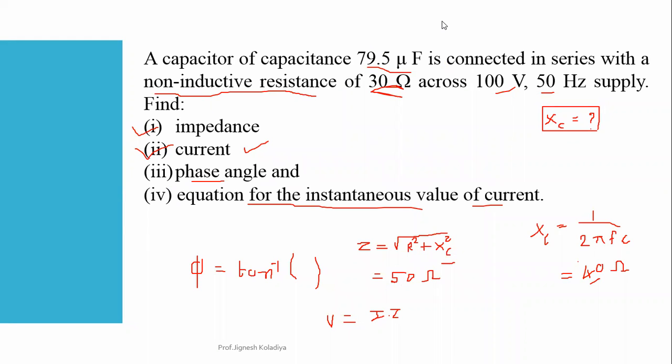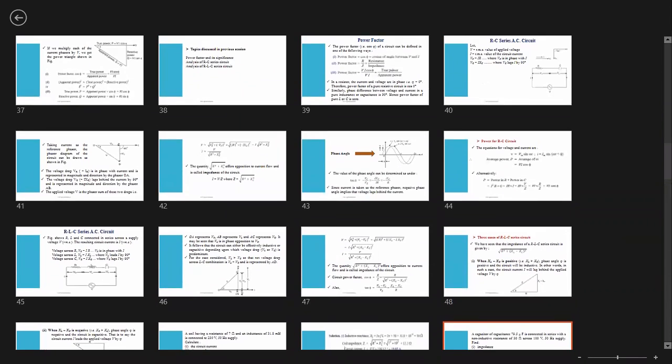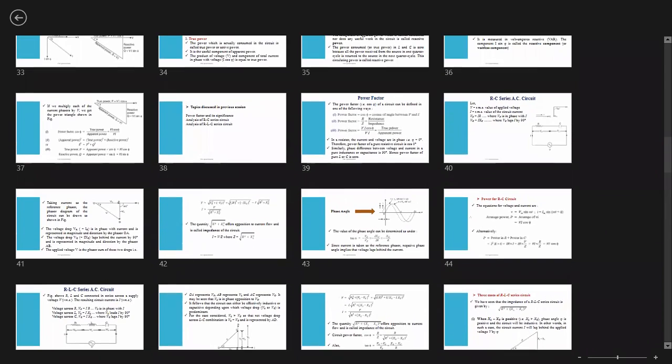I just see in the chat box. Now that is why minus, because if you see our theory, in that already we are getting minus XC upon R. Okay, but at that time also I told you that it depends on the reference you are taking, either it is current or voltage, right?